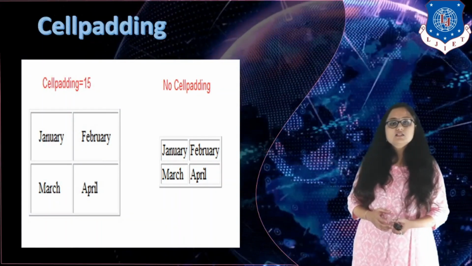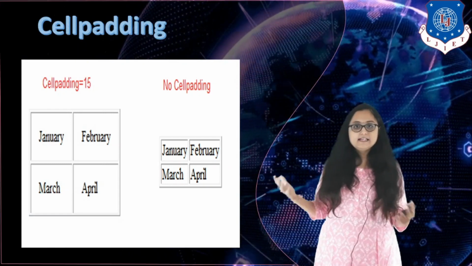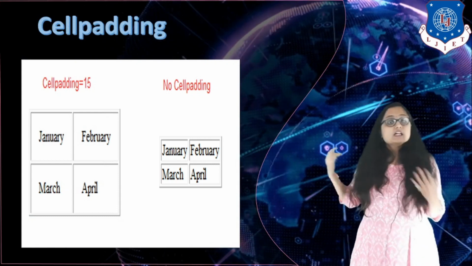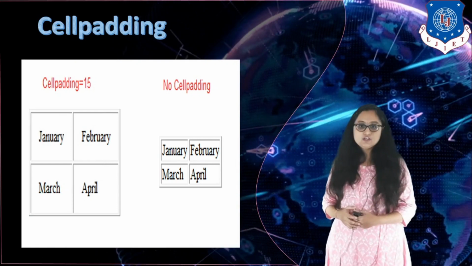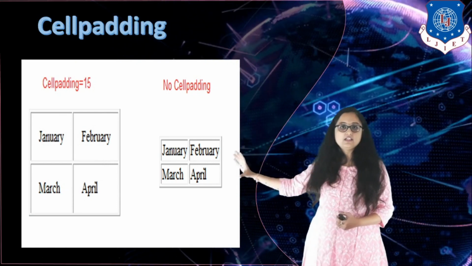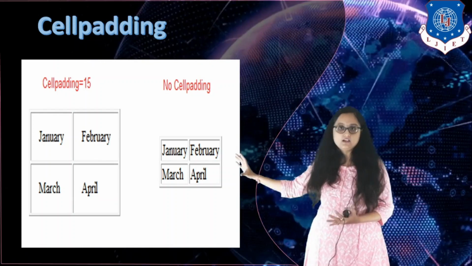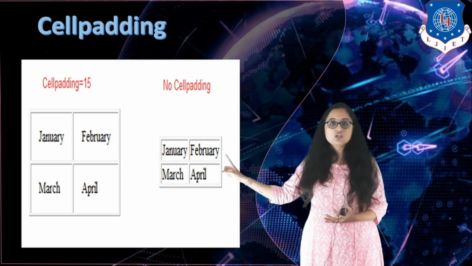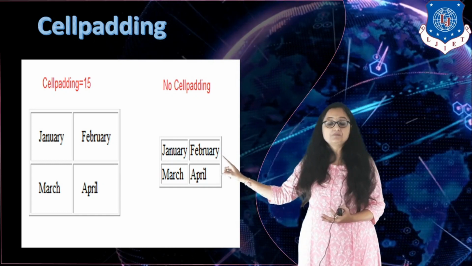Now let us see an example so that it gets clear what this cell padding and this cell spacing are. This is cell padding. You can see that if you have a table which is not padded, your content and border do not have any space in between.